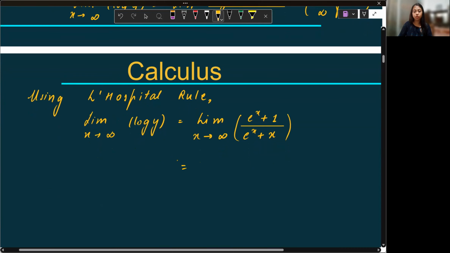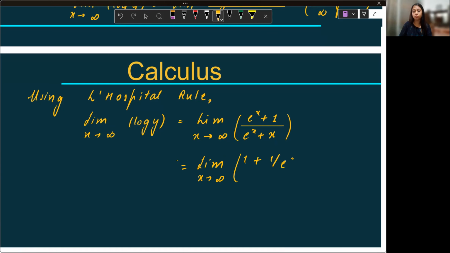Let's try to apply the limit on this side. I can take e raised to power x common. So it becomes (1 plus 1 by e raised to power x) divided by (1 plus x divided by e raised to power x). So this becomes, because see, x goes to infinity, this is 1 by infinity, 0. And similarly here, okay, here I have x divided by e raised to power x, limit x tends to infinity.